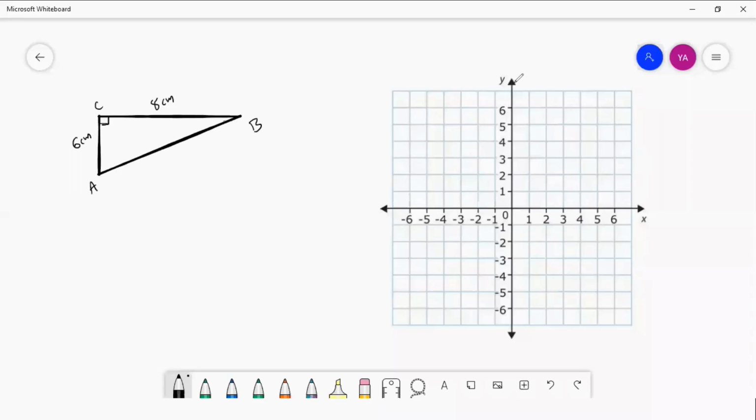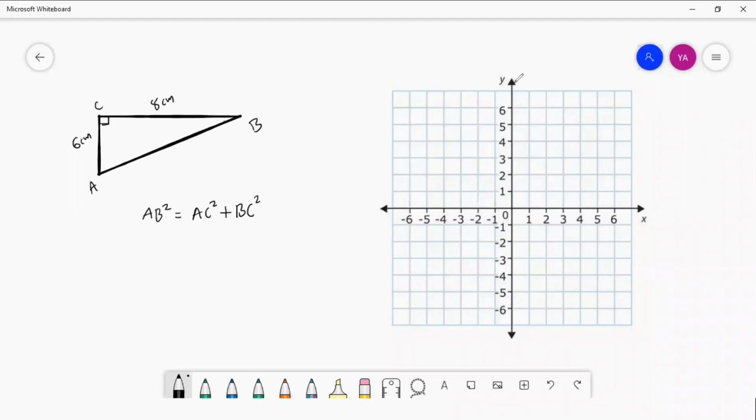Using Pythagoras theorem, we know the relation between the sides of a right triangle. So here, if the sides are AB, BC, and AC, how can we write the relation? AB square is equal to AC square plus BC square.